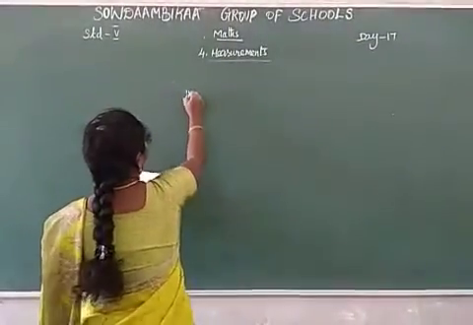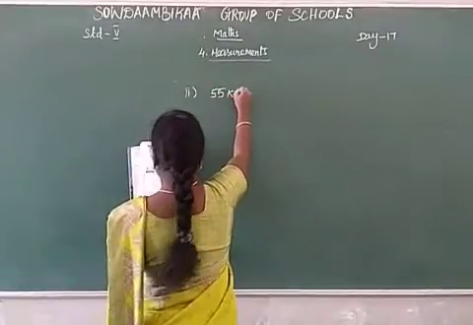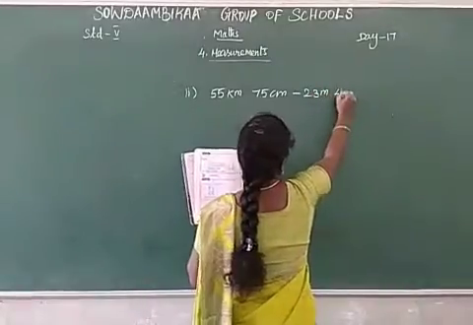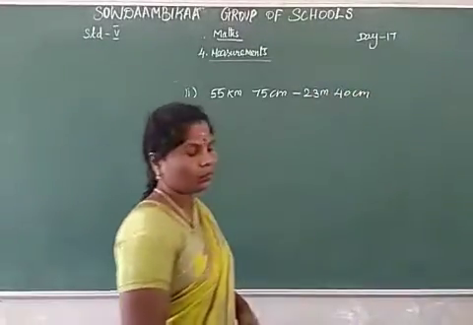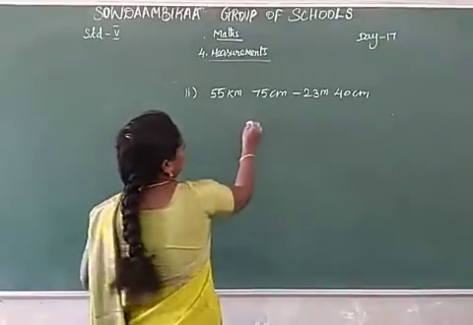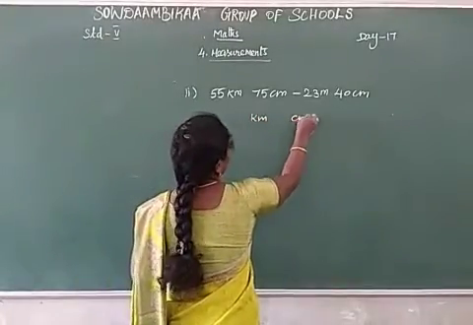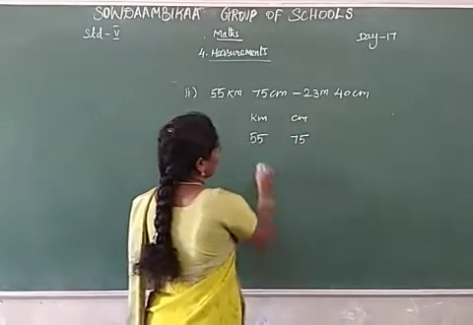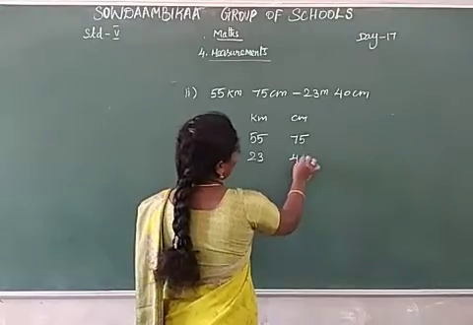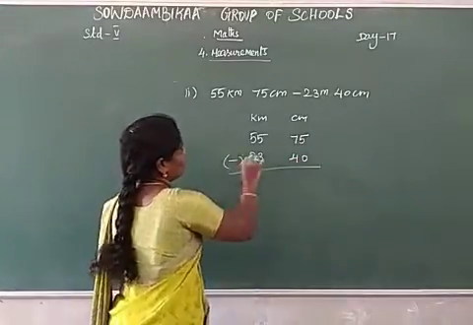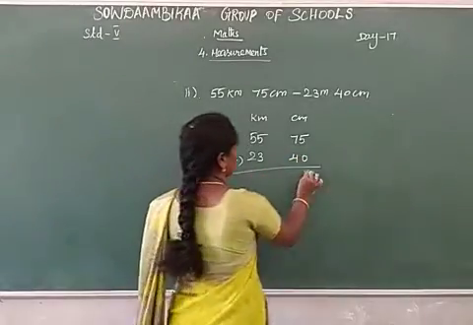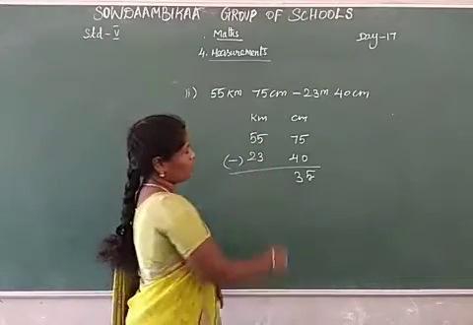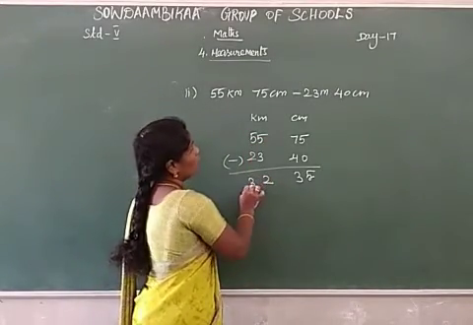55 kilometer, 75 centimeter minus 23 meter, 40 centimeter. Kilometer, centimeter: 55, 75, 23, 40. 5 minus 0, 5. 7 minus 4, 3. 5 minus 3, 2. 5 minus 2, 3.